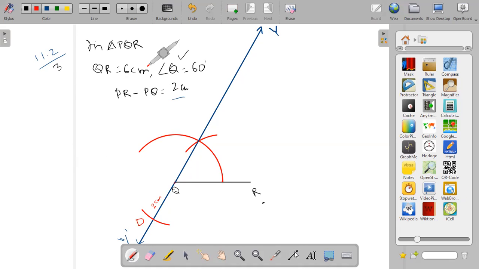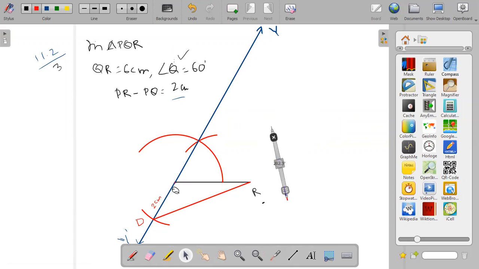Now you can join D to R and draw the perpendicular bisector of this line. Join D to R and draw the perpendicular bisector of this line DR. Now you can change the radius, but here you should check because we have less space on the back side.